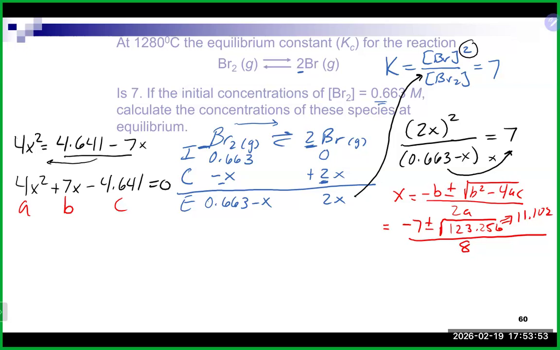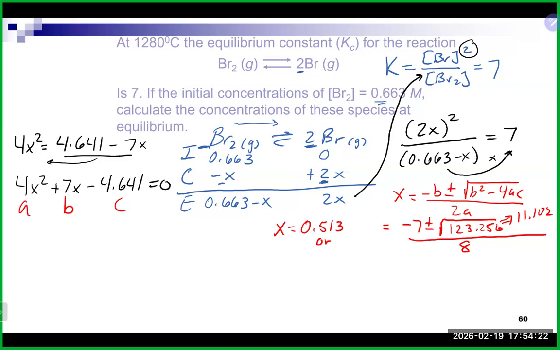So again, we're going to get our two x values. We'll do the plus first, and then we'll do the minus. Doing the plus version, that's going to give us negative 7 plus 11.102 divided by 8, going to get us 0.513 as a possible x value.